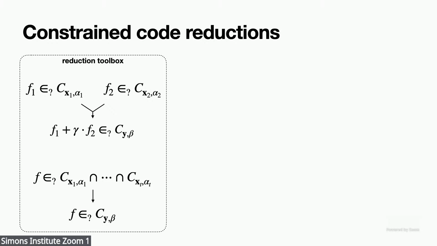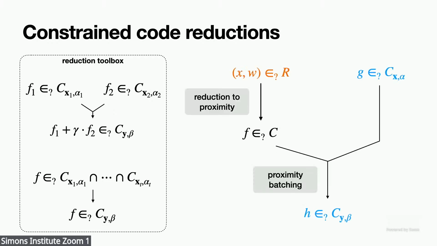Similarly, if we have multiple constraints, we can reduce this into a single constraint. Using these things, we can build this folding scheme where the accumulator relation is expressing membership in this constrained code.